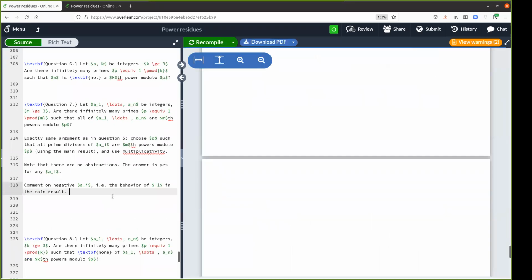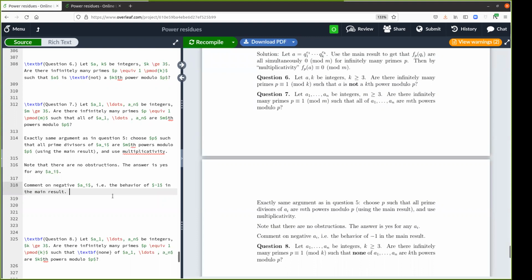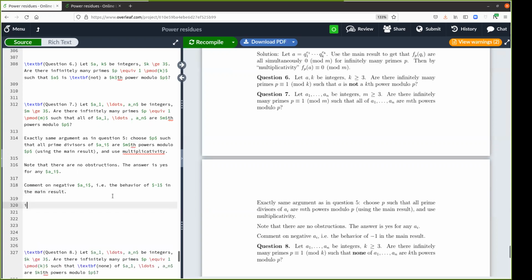So in the main result, I have considered the behavior of fp at primes. And that, of course, gives, by multiplicativity and the fundamental theorem of arithmetic, the behavior at any positive integers. But for the negative integers, we need to understand the behavior of fp at -1. Well, if m is odd, then -1 is an mth power.